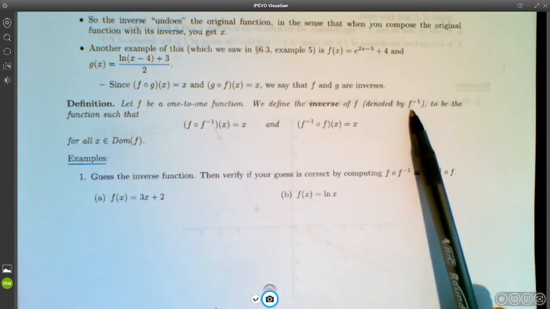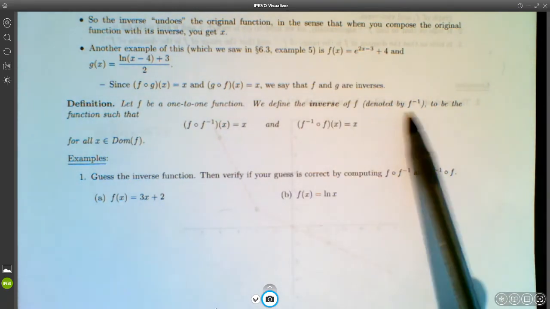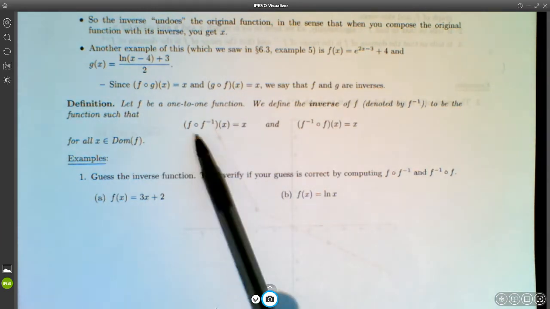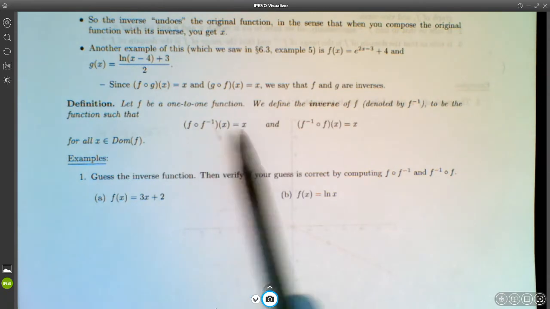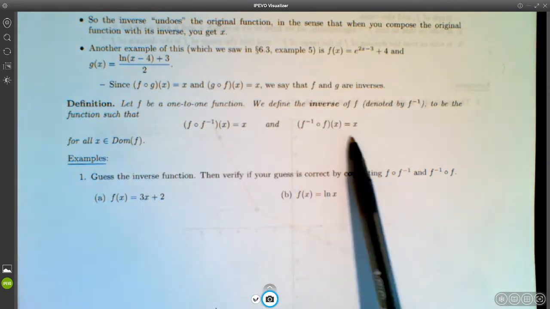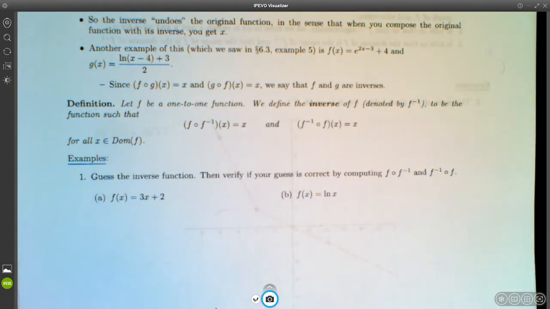We read this f inverse. But the inverse of f, denoted by f to the -1, is the function such that when you compose the original with the inverse, you just get x back. Or if you compose the inverse with the original, then you get x back for all x in the domain of f.